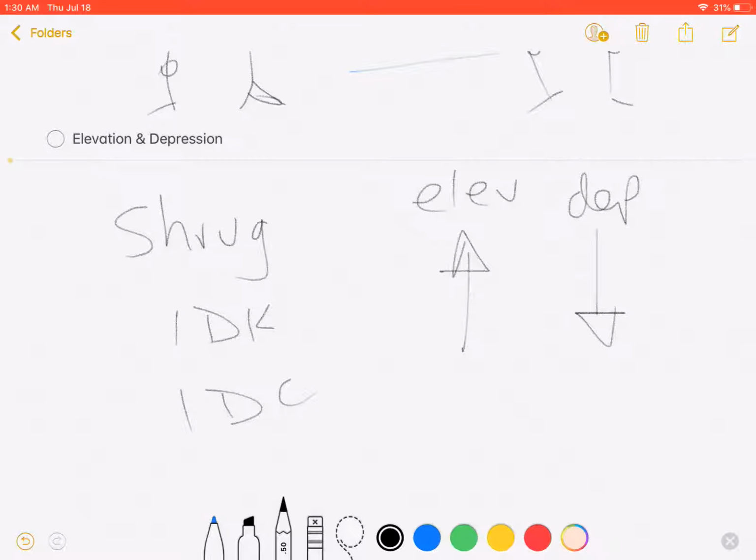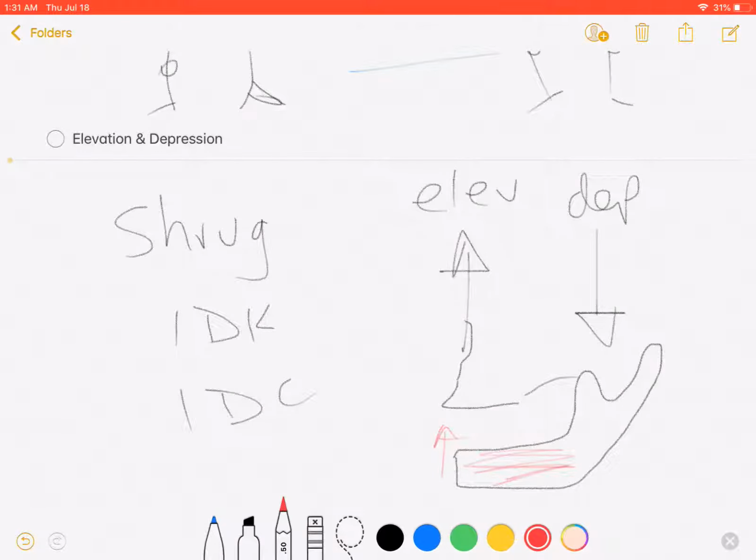When you're chewing, your mandible is what moves. When your mandible goes up, and this is your mandible, and then you have your maxilla here, if it goes up, that's elevation. If it goes down, that's depression. Protraction is this way, retraction is that way.